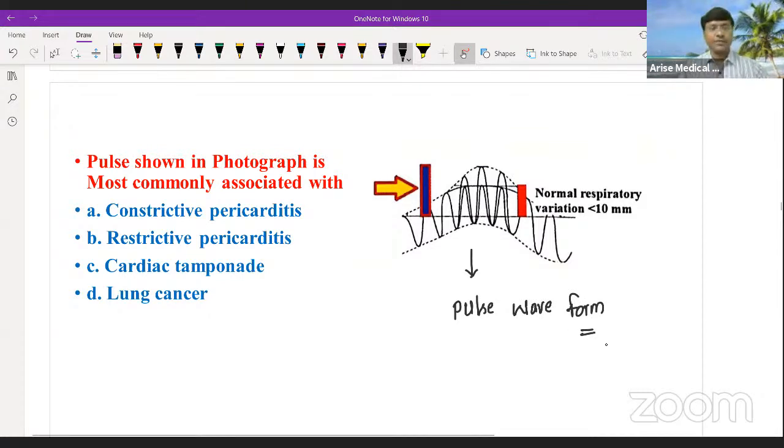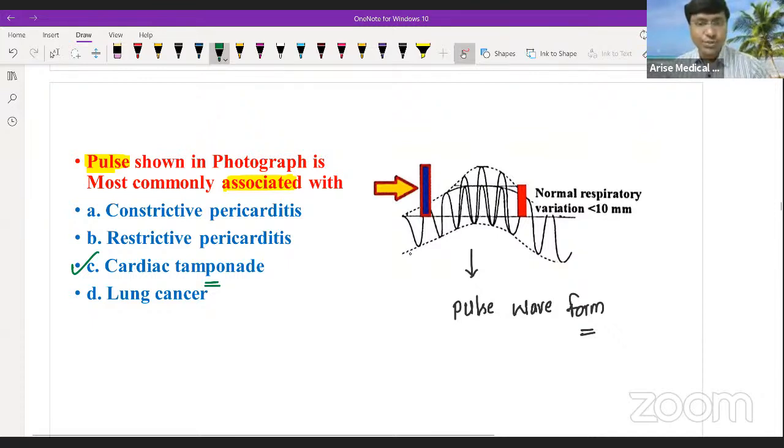The pulse shown in the photograph is associated with which of these: constrictive pericarditis, restrictive pericarditis or restrictive cardiomyopathy, cardiac tamponade, lung cancer? The answer is cardiac tamponade.